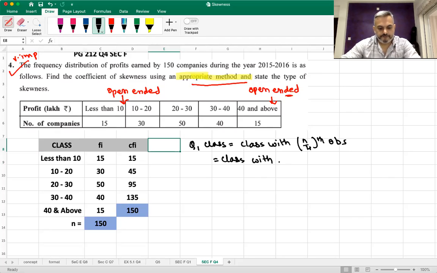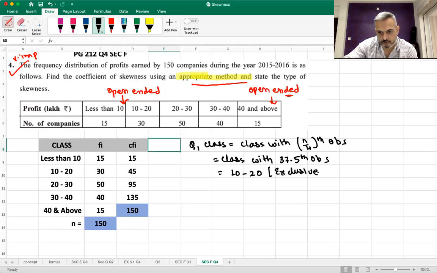N is 150, so 150 divided by 4 is the 37.5th observation. 37.5 will come in 45, so it will be the class 10 to 20. So we will take class 10 to 20, which is already exclusive. Please write this so that you don't make a mistake. If it is inclusive, we have to convert it to exclusive.